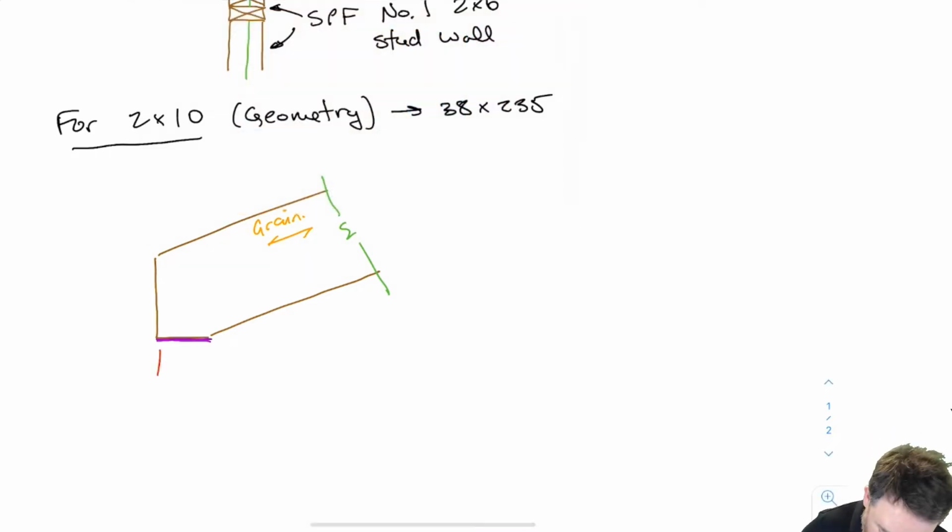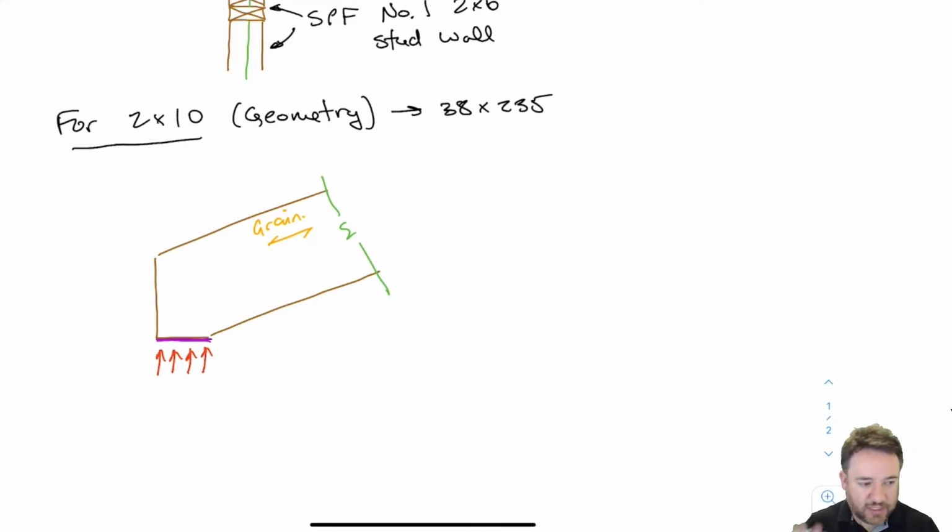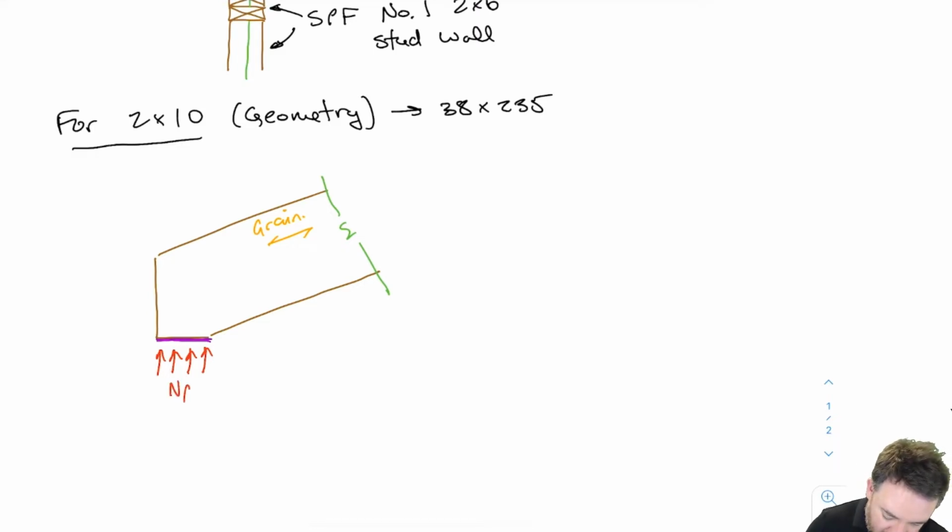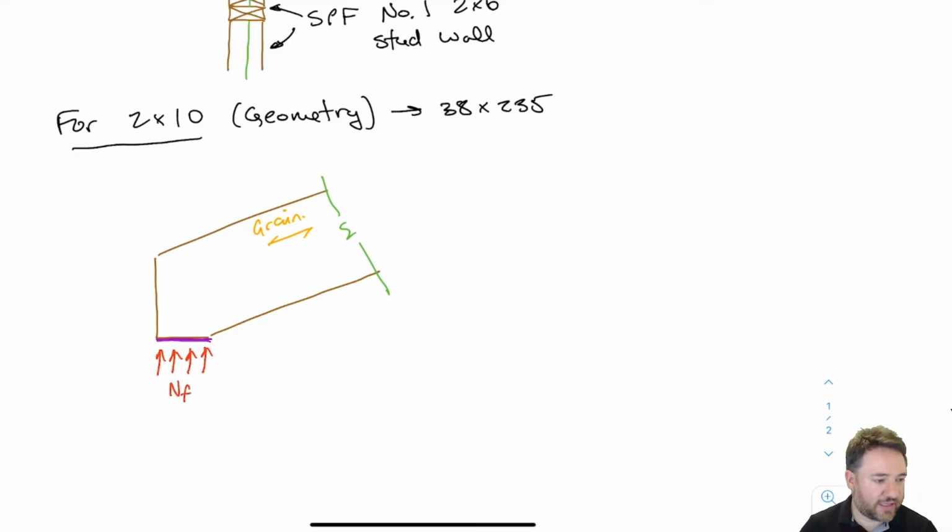And here we have a load applied to that beam by the reaction, and the reaction is coming from the stud wall below. So this is going to be our NF, the applied load at an angle to grain. In this case, we're just considering the total. I've drawn this out as a spread out load, but we're going to consider basically the one total load coming from that spread out load.